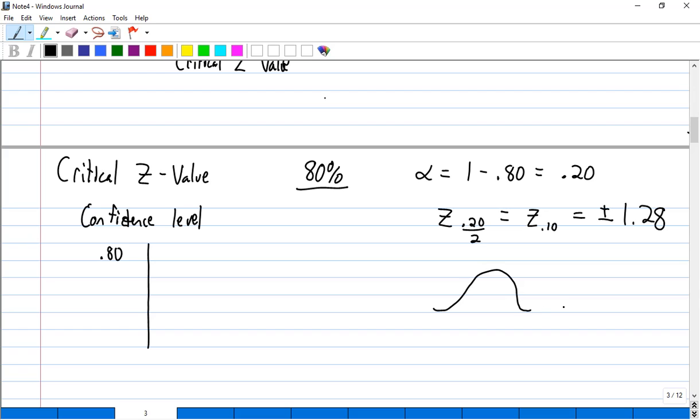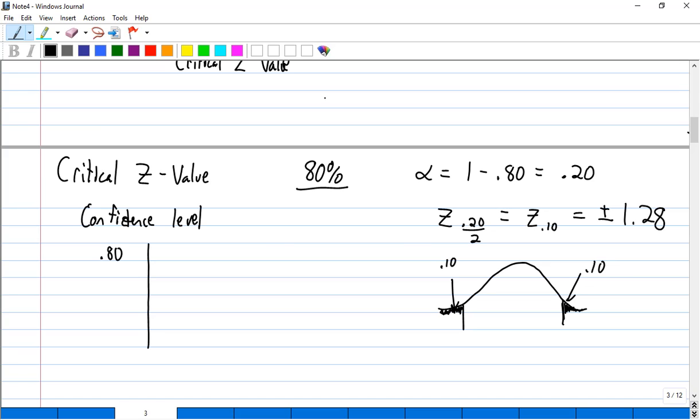Let me show you why graphically. So if I was under this standard normal curve, let's pretend that's a bell curve. I want to know the z-value on either side that would have 0.10 area. So 0.10 area there, and also to the right 0.10 area.